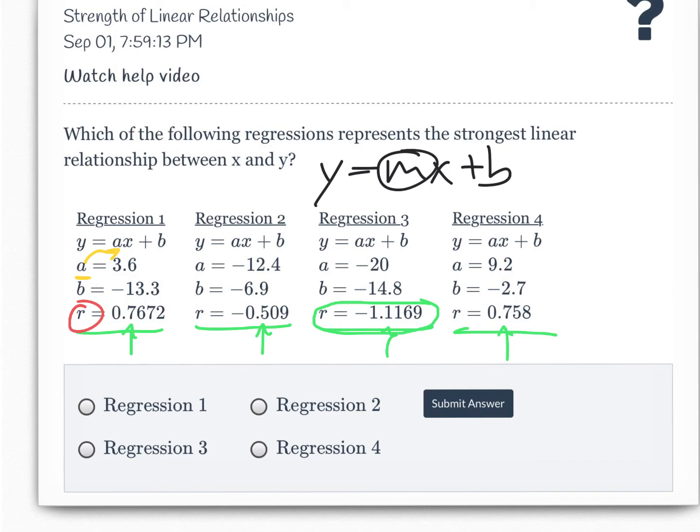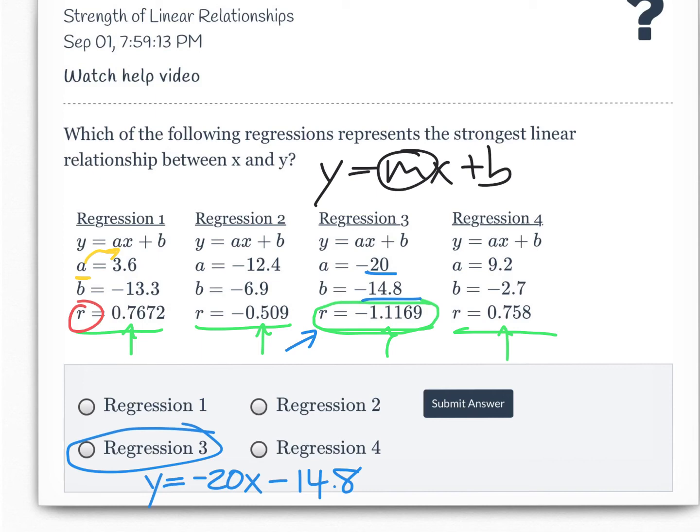So if this is our best R value, then we would take regression 3, and the equation of our line, if we take these values here, would actually be y equals negative 20x minus 14.8. And if I graph that line, it would be the line that was closest to as many points as possible.